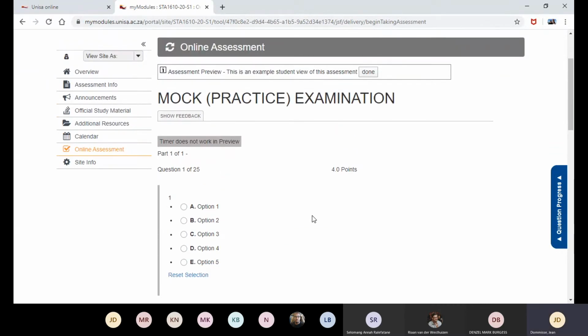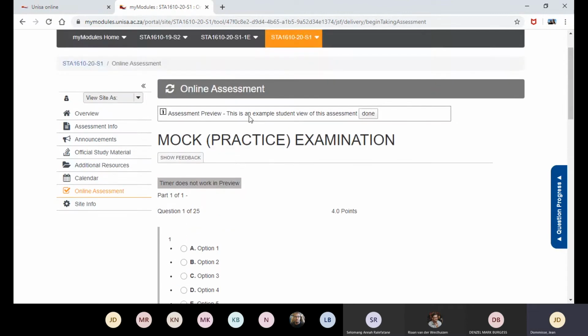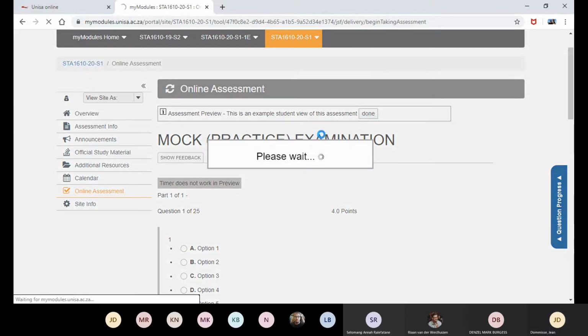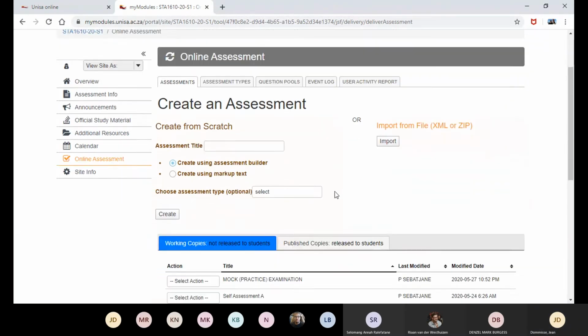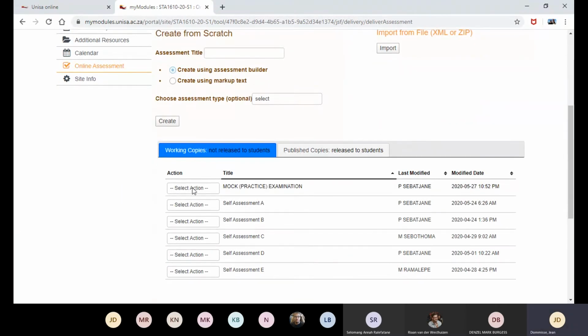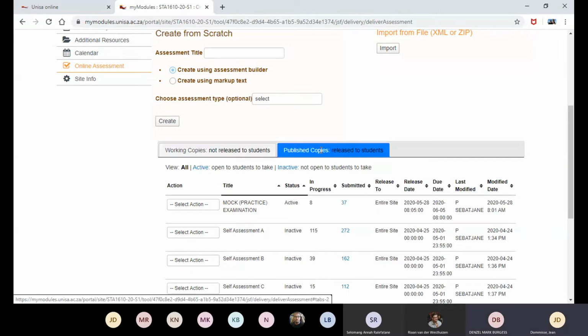Yeah, okay, what's the question? So that's quite interesting. So I can't. Yeah, it seems in the preview it won't give the question, so you have to actually do the assessment.